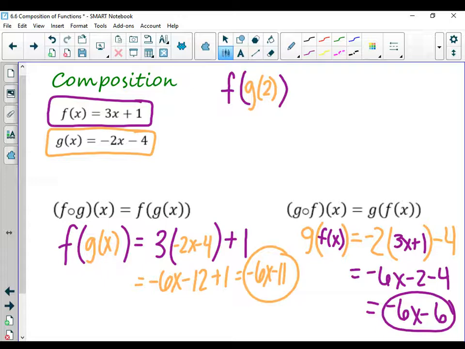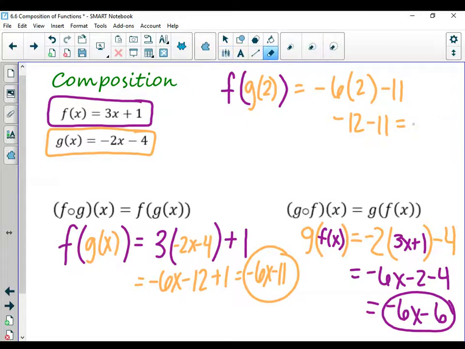Yeah. So what he's saying is we can do exactly what we've been doing, and then at the end, all I have to do is plug in a 2 for x. That is what you said, right? So then I would have negative 12 minus 11, which is negative, whoops, not 32. Way off there. 23. What's another way you could do it?